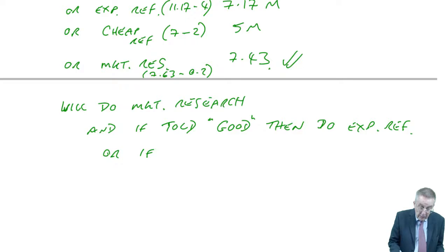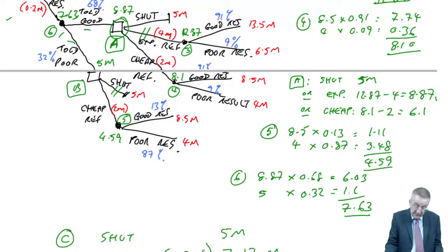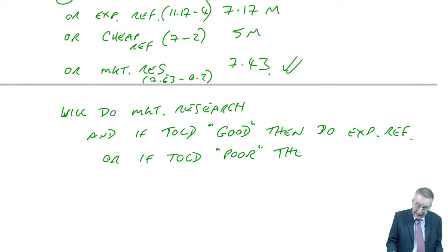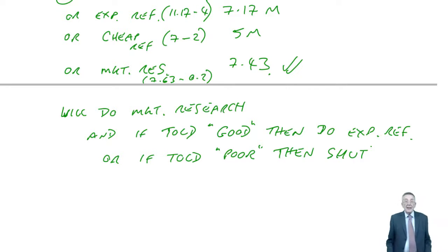Or, if told poor, we decide to shut. So there's the full answer: the decision we make now, together with any future decisions.